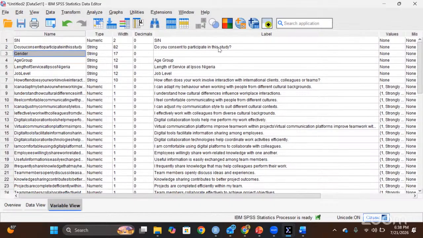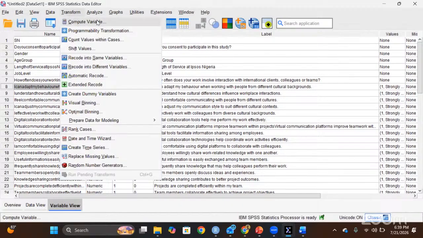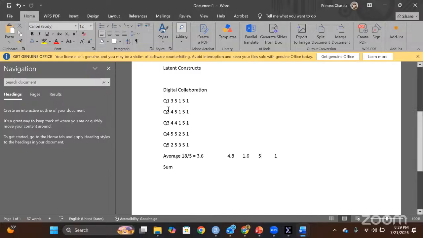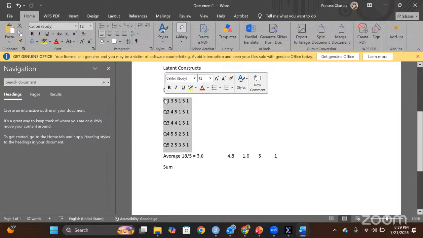So on this variable view, what you are seeing are your variables. I'm just using that to illustrate why we call this compute variable. Because by the time we are computing Q1, Q2, Q3, Q4, and Q5, we are not computing questions again. We are computing variables.